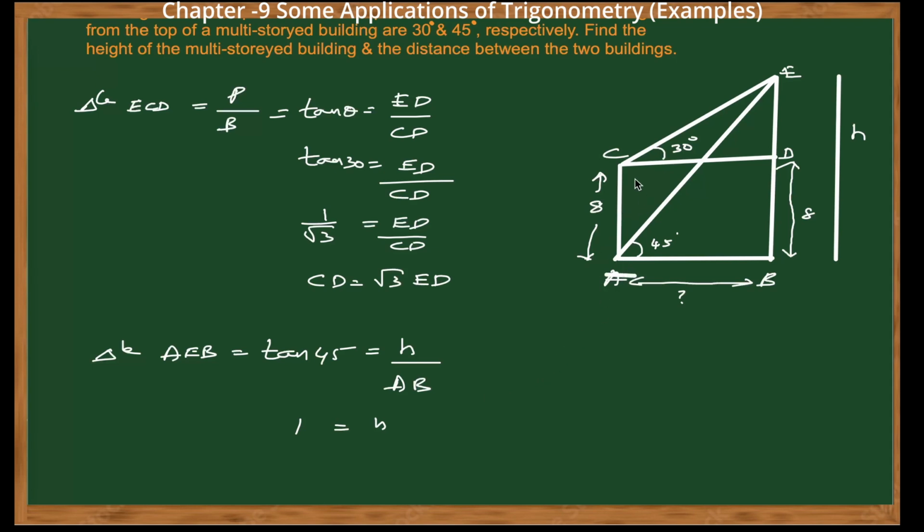AB is nothing but the value of CD. Can we say AB is equal to CD? Yes, same distance we have. So AB is equal to CD, and we are putting root 3 into ED.